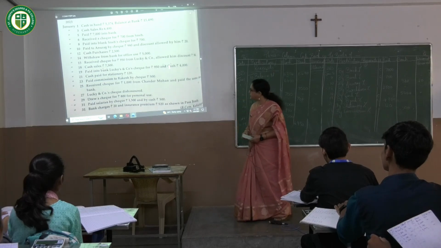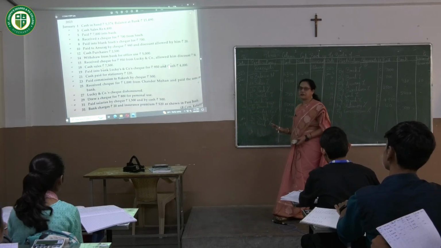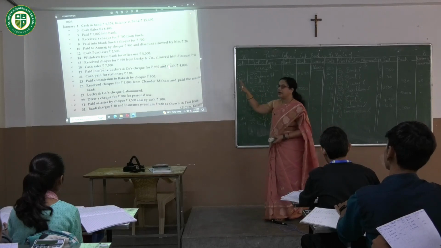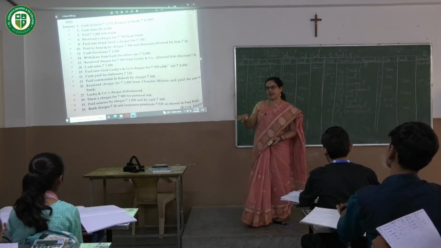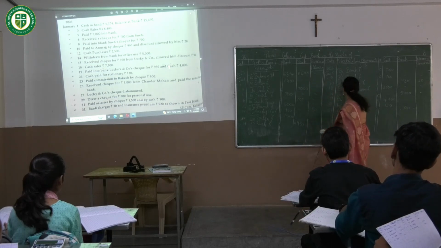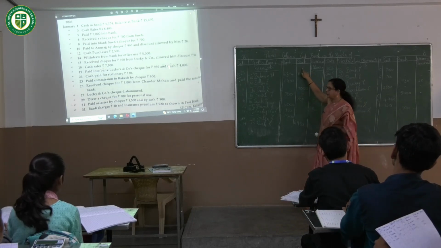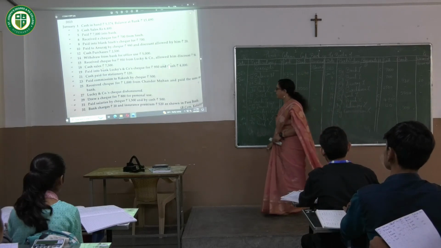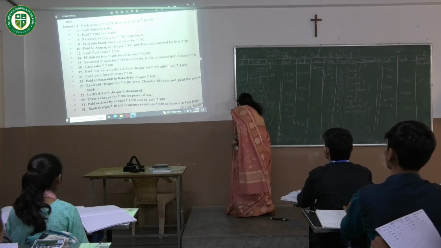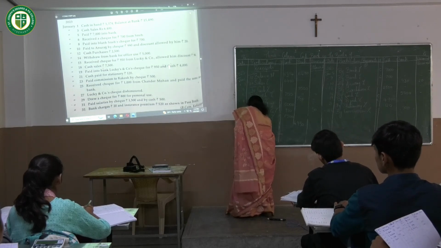Next one, received check for 1,000 rupees from Chandramohan and paid the same into the bank. So what did he do now? He received it and on the very same day he put it into the bank as well. So what will we do? We'll write it directly in the bank column, receipt side. Who is the giver? 25th to Chandramohan.